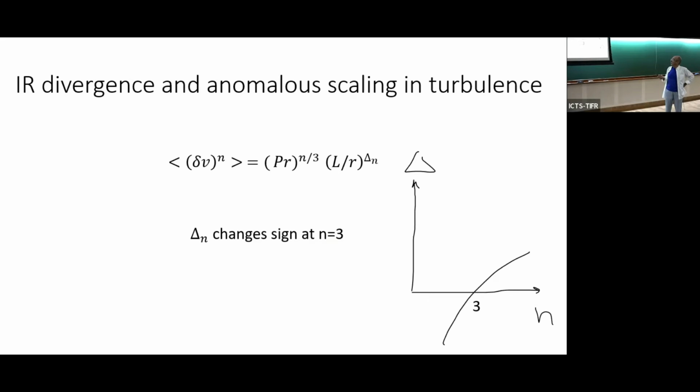So this is the Kolmogorov estimate, but there is this extra factor, where L is 1 over K naught, the largest scale in the system. And it tells us that delta changes sign at n equal to 3. All moments lower than 3, in particular the second moment, which is the spectral density of turbulence, go to 0 under a fixed flux as L goes to infinity.